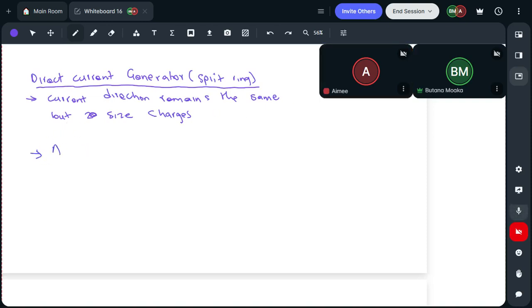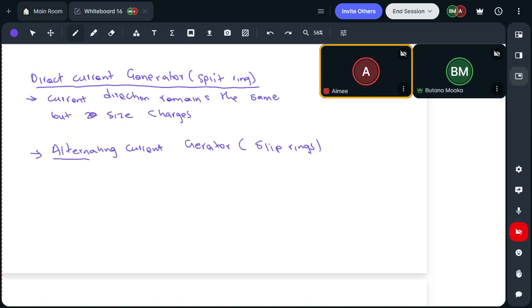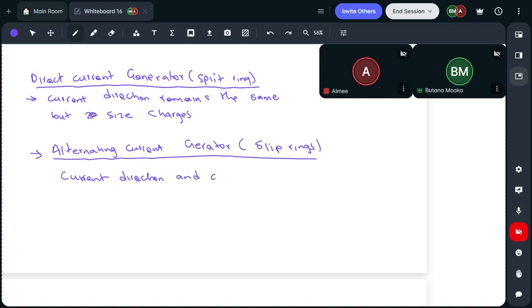Now, for an alternating current generator, we recognize it by the slip rings. For this one, the current direction and the current size are going to change the entire time.